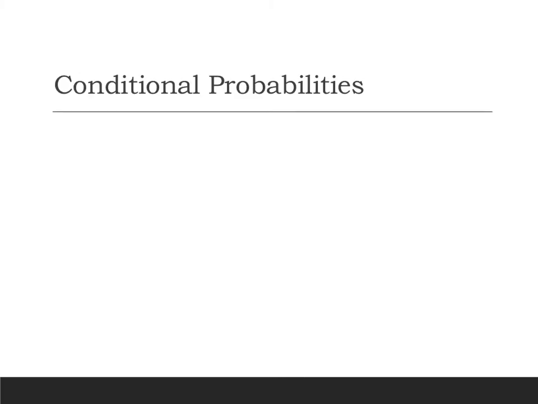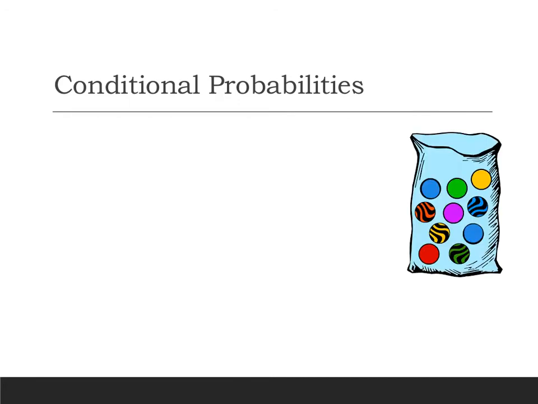All right, this chapter starts out with the idea of conditional probabilities, and let's take a look at what this means. We've already talked about it a little bit in the previous video for section 5.3, because I had to define an independent event, and I gave you an example of what a dependent event might look like, just for comparison's sake. Let's say we have this bag of marbles, and I'm going to draw marbles, but I'm not going to put them back.